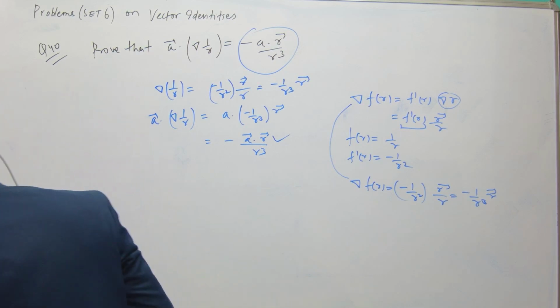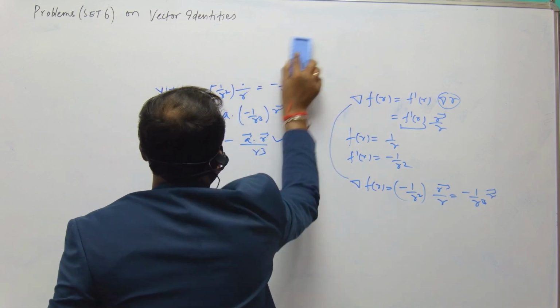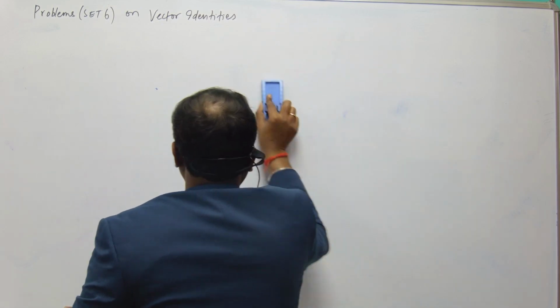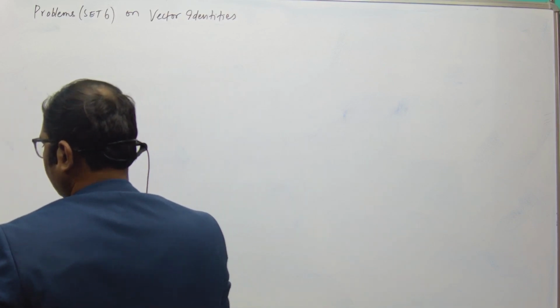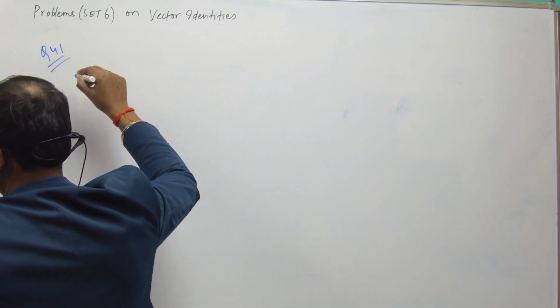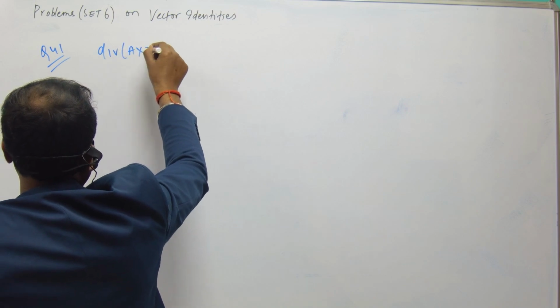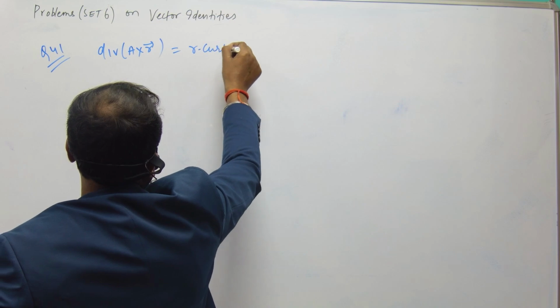Let us discuss question number 41. We have to prove that divergence of a cross r vector equal to r dot curl of a.